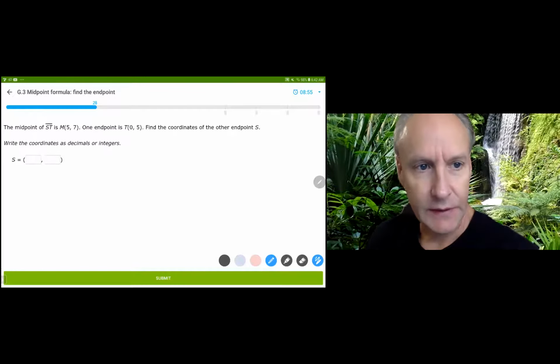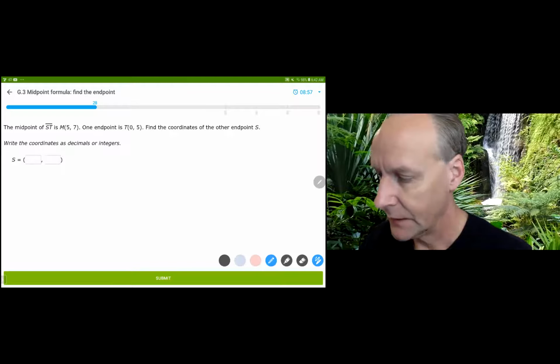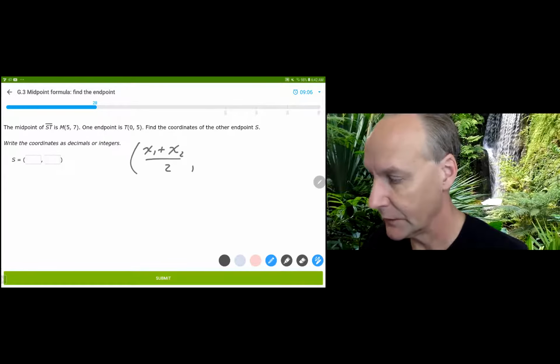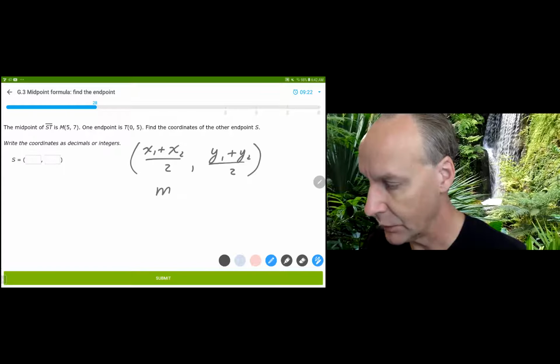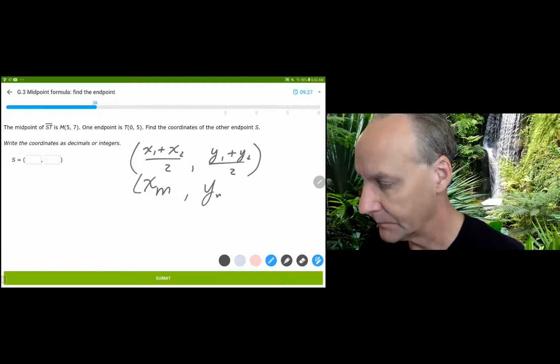Trying to simplify it for you, but I don't want to oversimplify it. Again, the midpoint formula is x1 plus x2 over 2. This is the midpoint formula. y1 plus y2 over 2. And this is the x midpoint, and this one is the y midpoint.